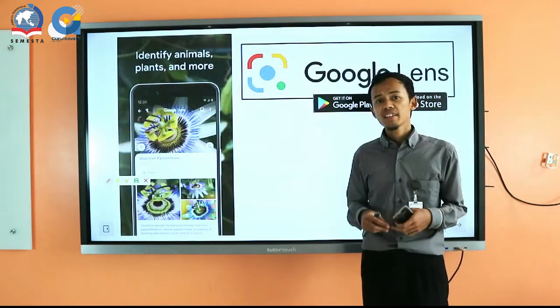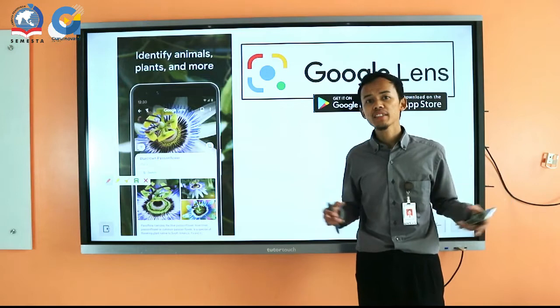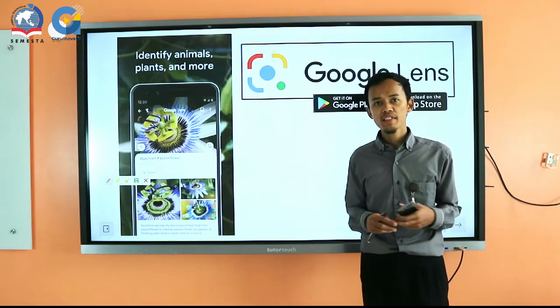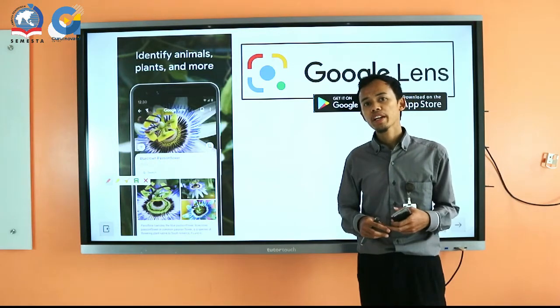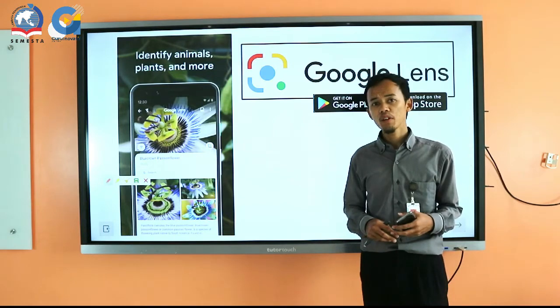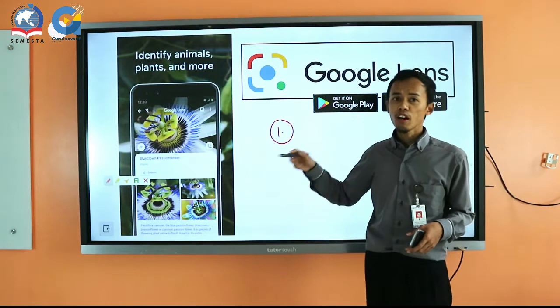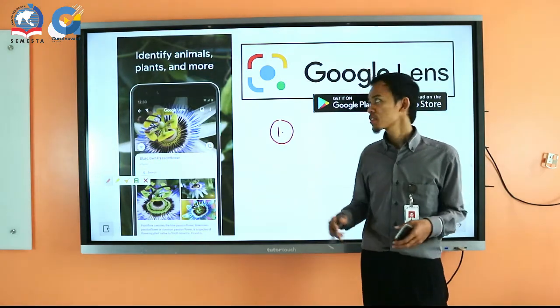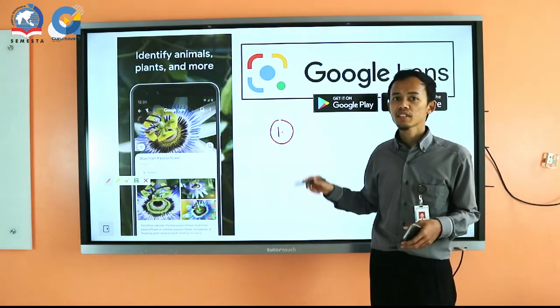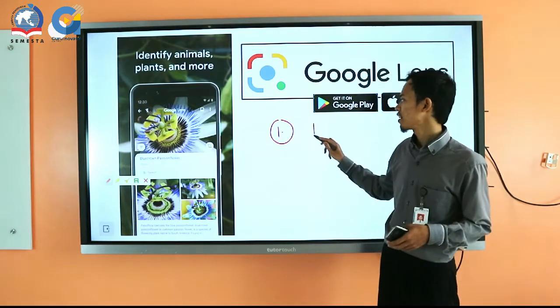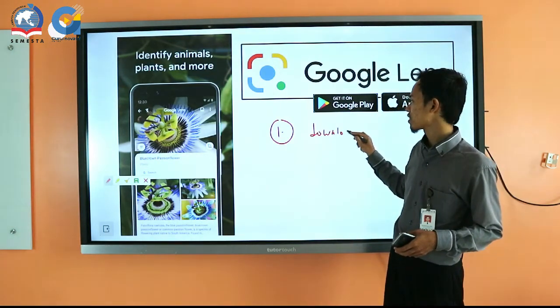Okay, everybody, it's time to explore your environment to identify species like animals, plants, or pets that you have at home. So first, you open Google Play Store or App Store, and then you search for Google Lens. You download the app.